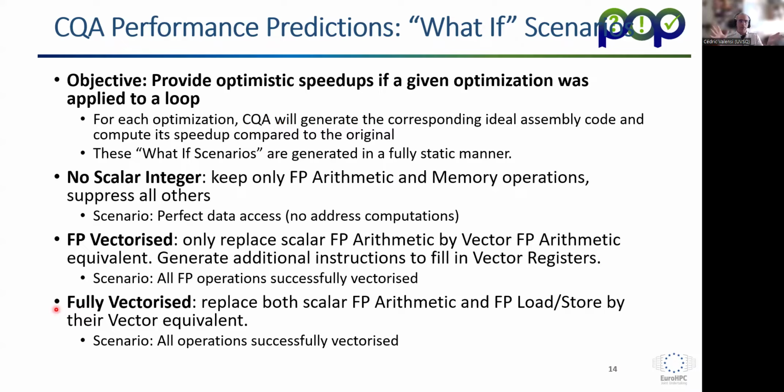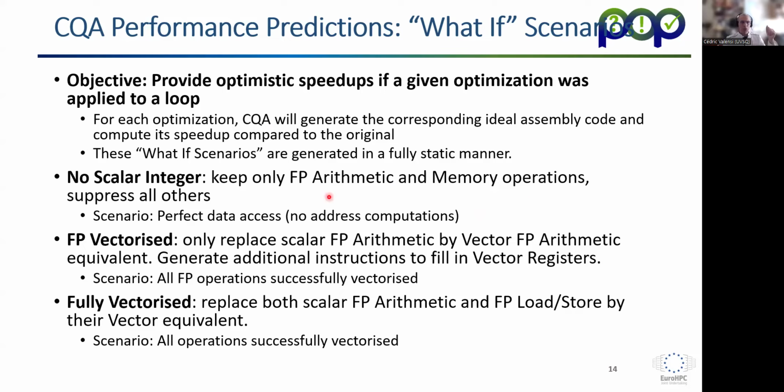This is maybe not possible, but the idea is to provide an optimistic speedup of what would happen to performance if this optimization was applied. If we see that only a very low speedup is possible with this transformation, then it means that it's probably not useful to try forcing the compiler to perform it, for instance.